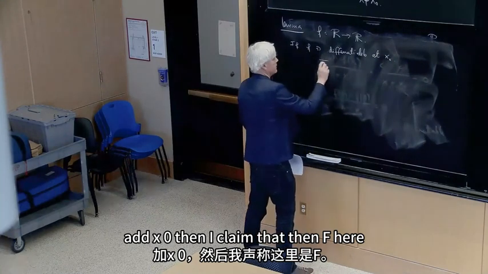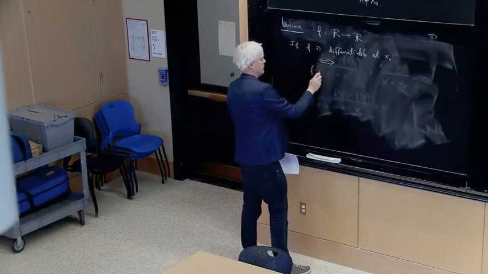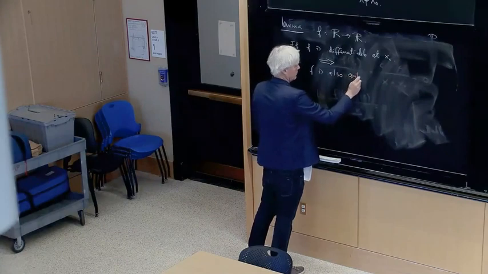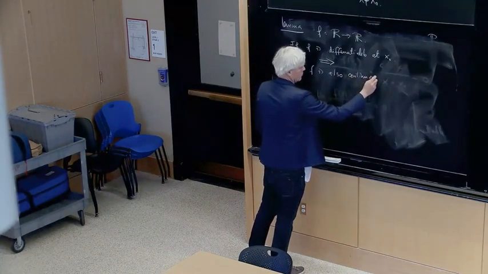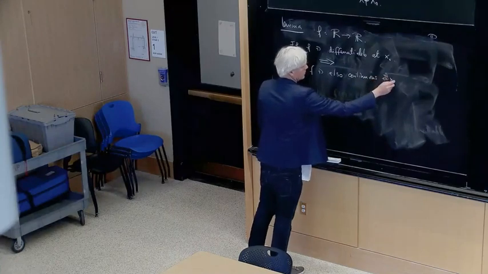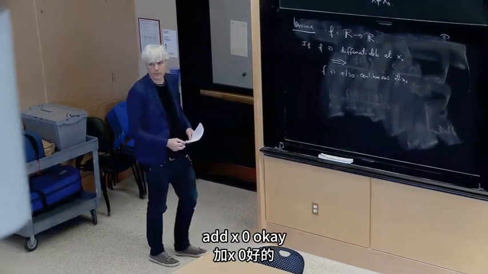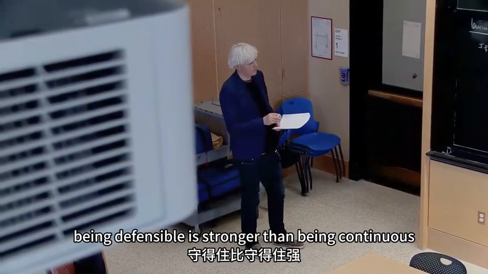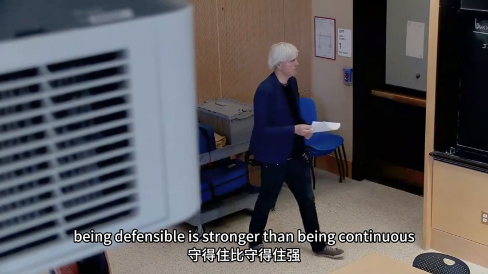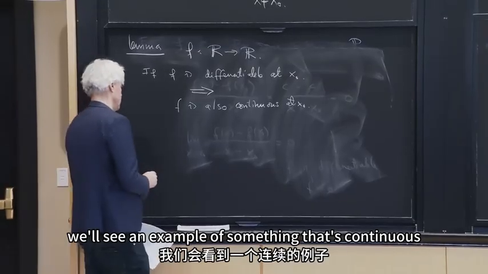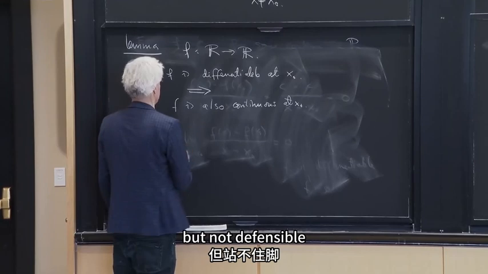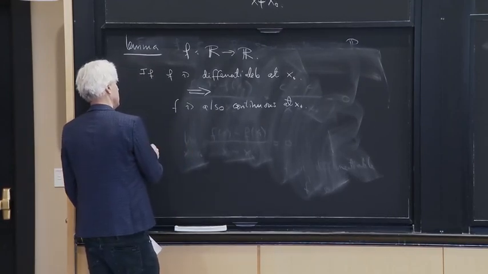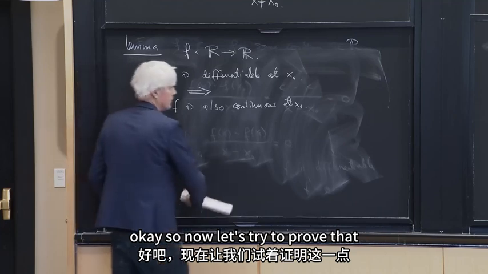Then I claim that f is also continuous at x0. In other words, being differentiable is stronger than being continuous. In a minute, we will see an example of something that's continuous but not differentiable. And so now let's try to prove that.